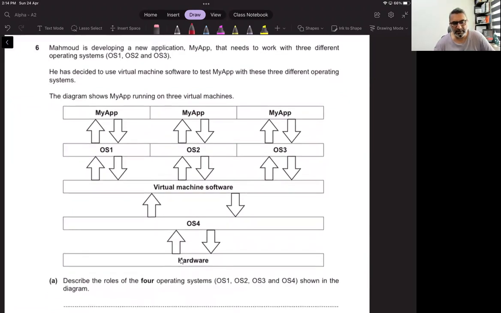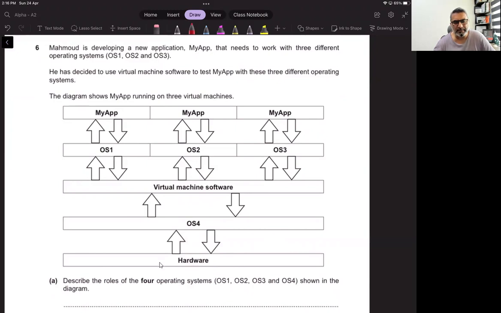Let's say if it is Windows, then he has his own software, which is the host operating system. And then over that host operating system, he installed this virtual machine. In the virtual machine, he has installed operating system 1, operating system 2, operating system 3, and in each operating system, My App is being installed automatically.